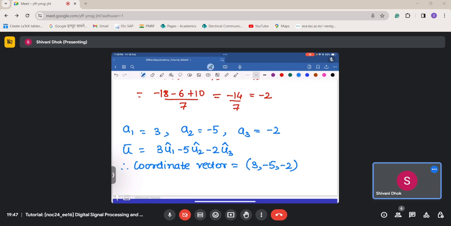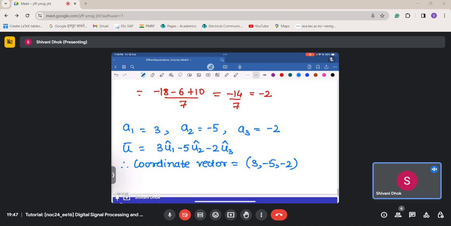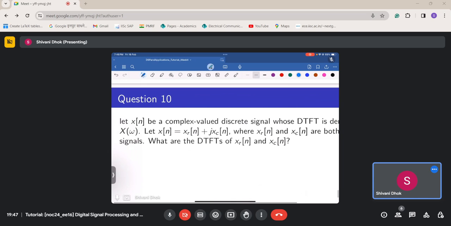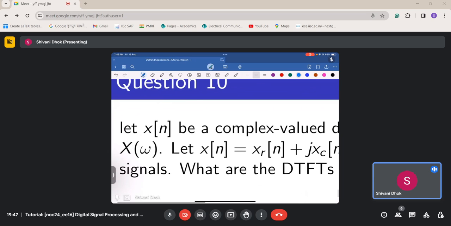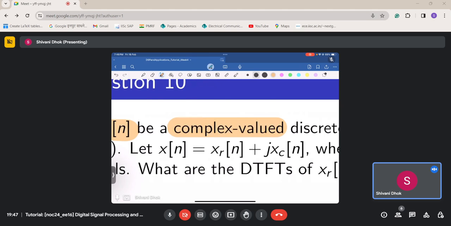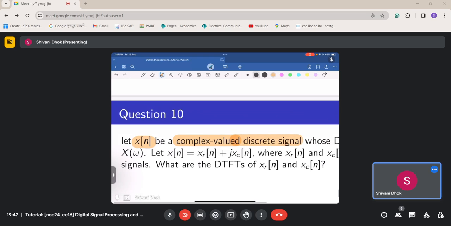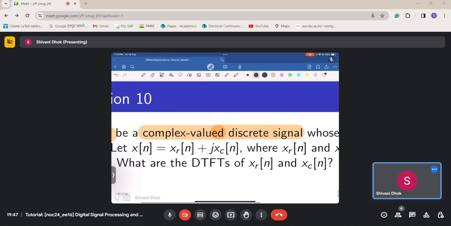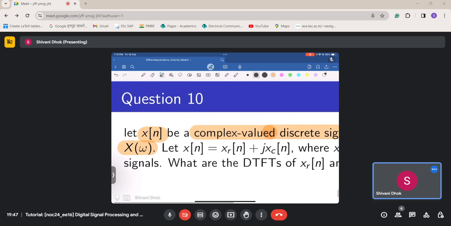Okay, if there are no questions, then let me go ahead with the last question that I had planned to cover today. It says: let x[n] be a complex valued discrete time signal whose DTFT is denoted by X(ω).